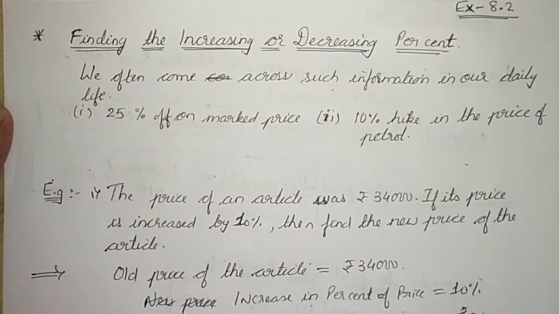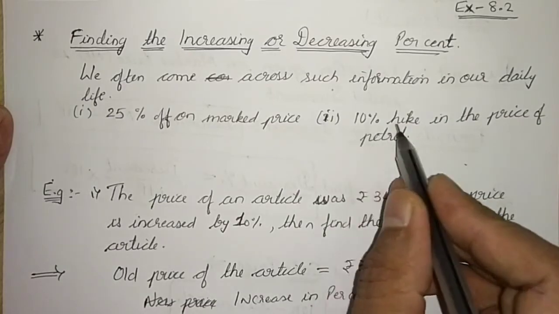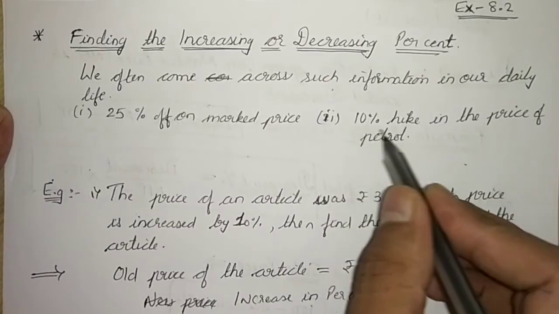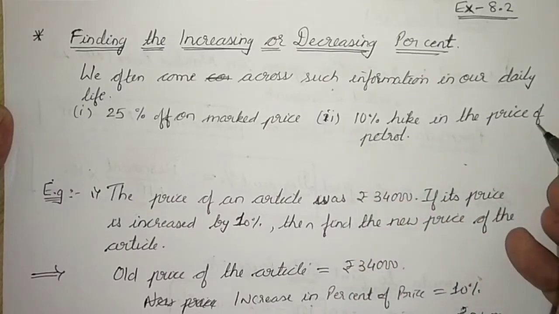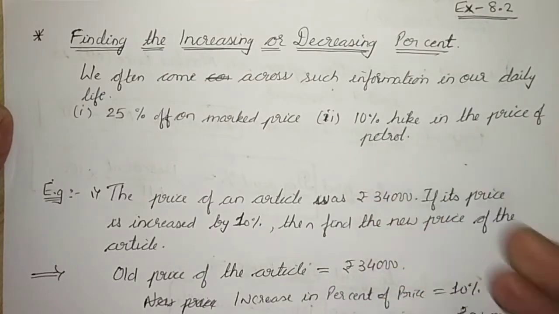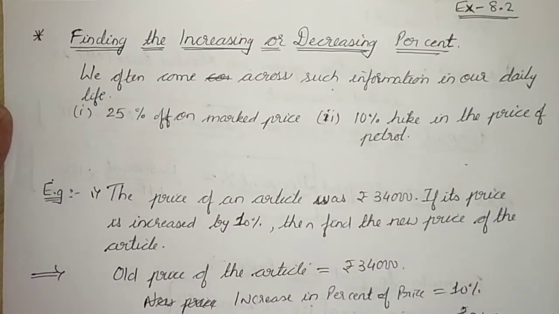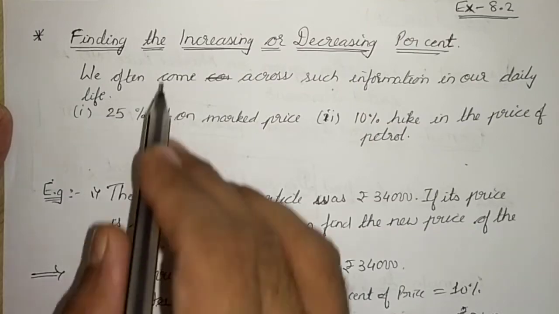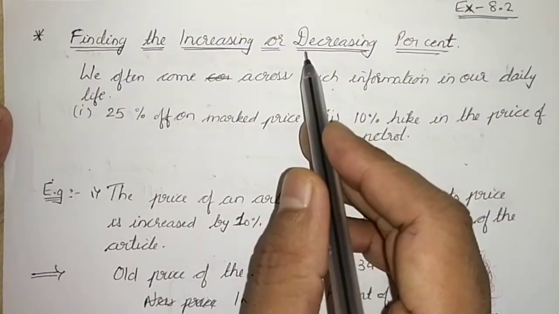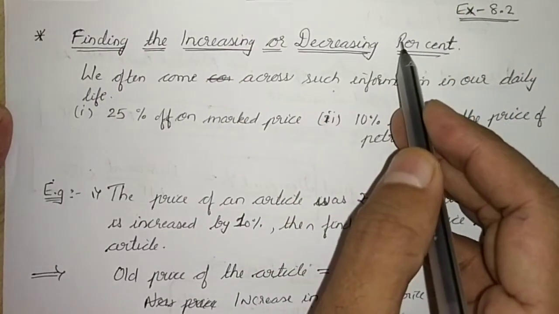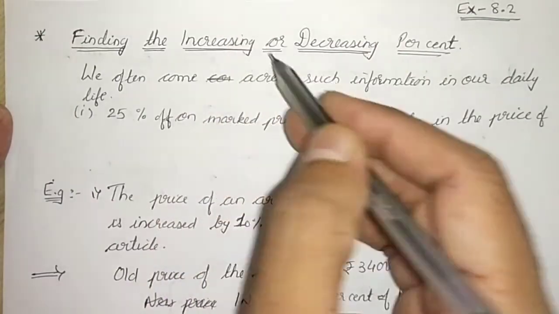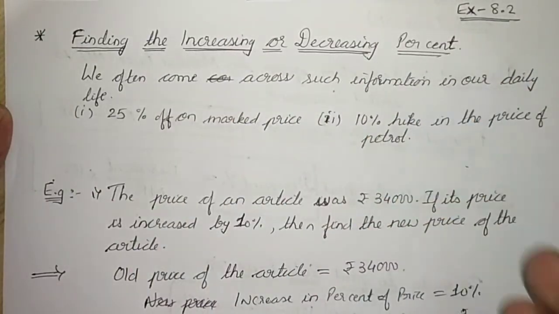And sometimes in the newspaper you may have seen a sentence like 10% hike in the price of petrol, that is, a 10% increase in the price of petrol. So this leads to increase in percentage or decrease in percentage, and we are going to see how we can find the increase or decrease in percentage.